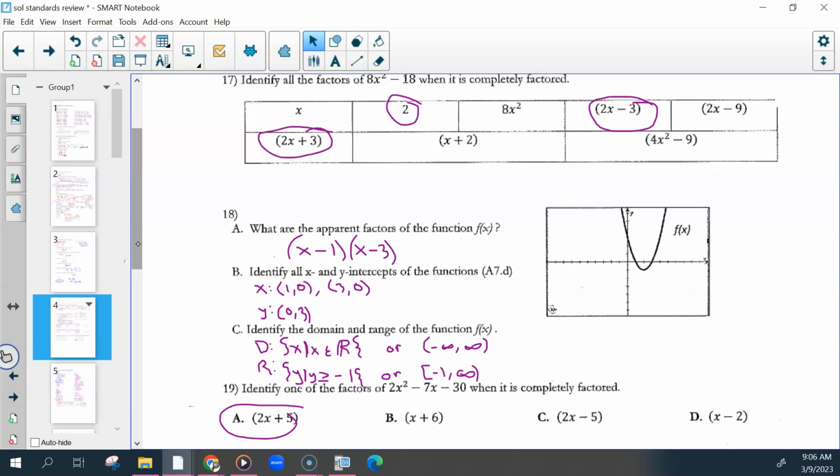Some of this notation will not look familiar, but we're going to talk about that. Domain is all real numbers. Range is y is greater than or equal to negative 1. These things you would have to know how to find, because it doesn't give you an equation you can put in.